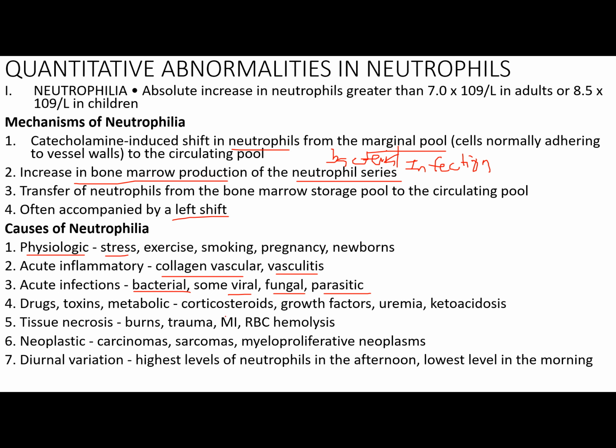Drugs, toxins, and metabolic seen in taking corticosteroids, growth factor, uremia, and ketoacidosis. Tissue necrosis usually seen in burns, trauma, MI, RBC hemolysis. Neoplastic will include carcinoma, sarcomas, myeloproliferative neoplasm.